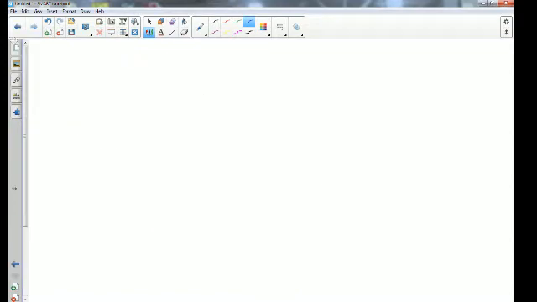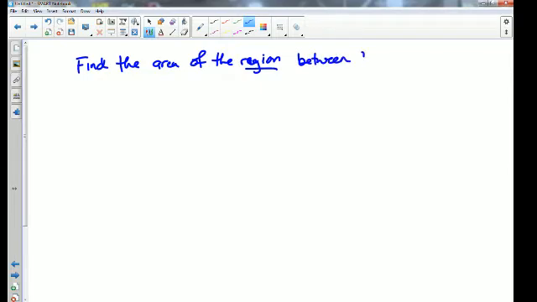Find the area of the region. This word will be used a lot in this context. Between the graphs of, well, I can't pass this opportunity up.